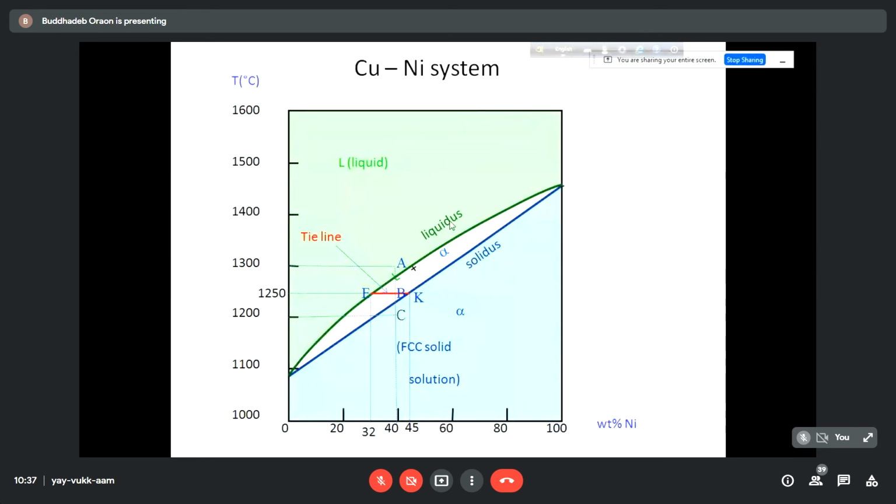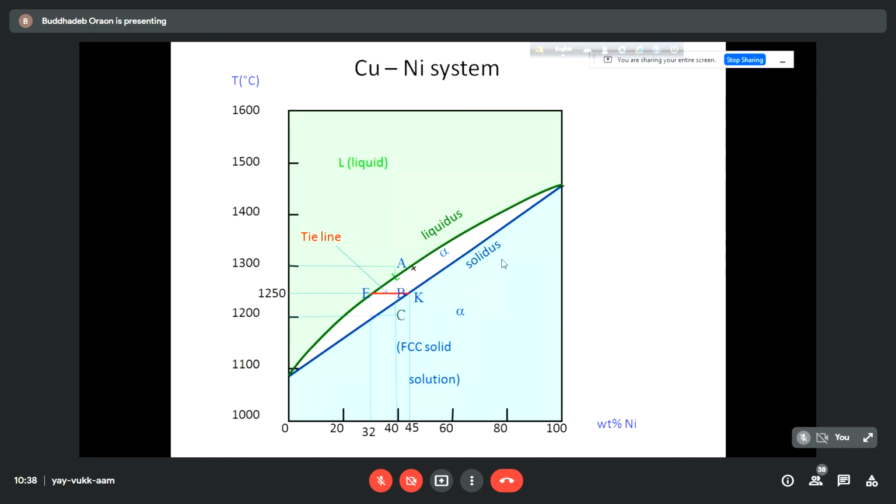Similarly, suppose you are at a higher temperature and you are reducing the temperature, and ultimately at a particular point you will find that the liquid starts solidifying. The starting points of the liquid when it starts solidifying will all be on the liquidus line.